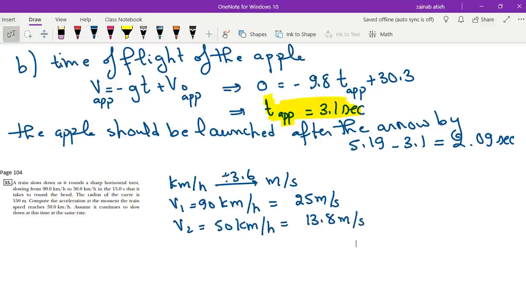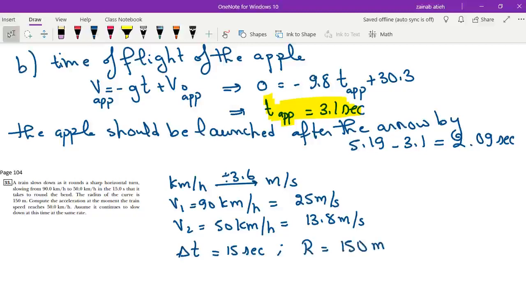This is the given. I have delta t, equal to 15 seconds, and I have the radius of curvature, equal to 150 meters.